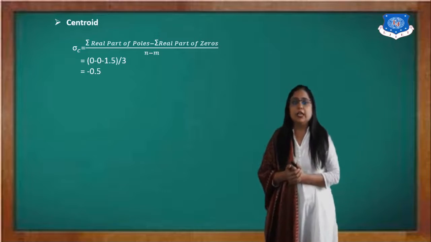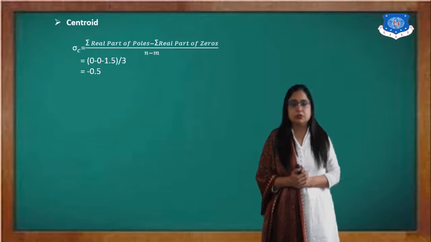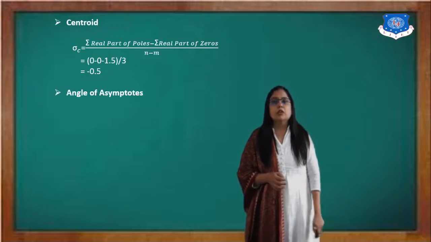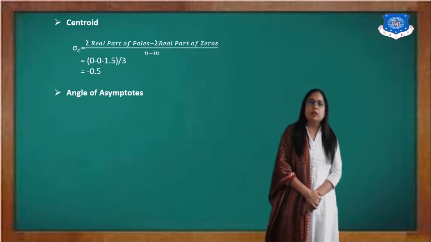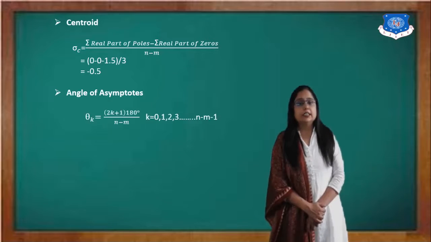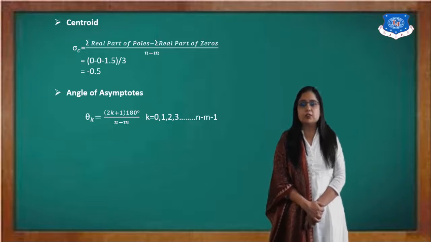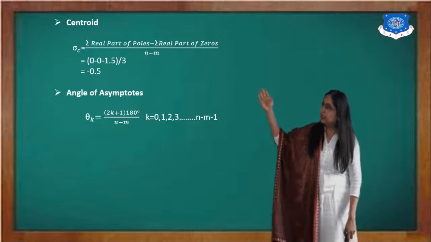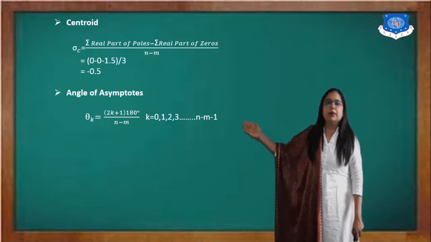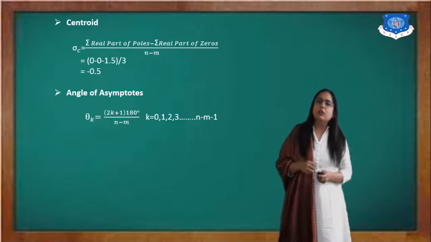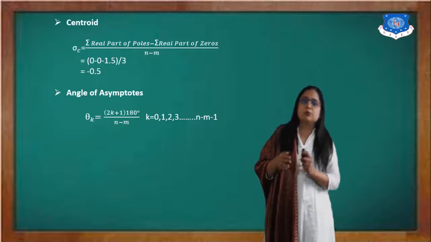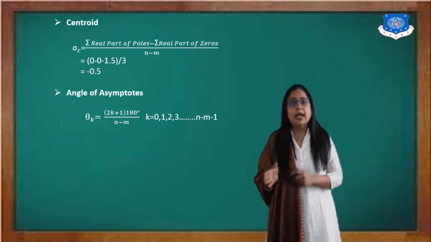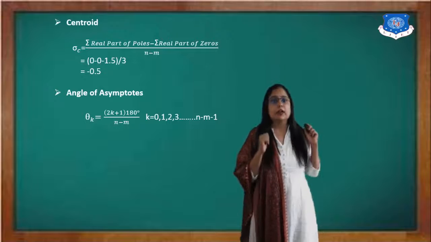Now next thing is we have to find the angle of asymptote. The equation for the angle of asymptote is theta k equal to (2k plus 1) into 180 degree divided by n minus m. And the value of k we can vary from 0, 1, 2 up to n minus m minus 1.